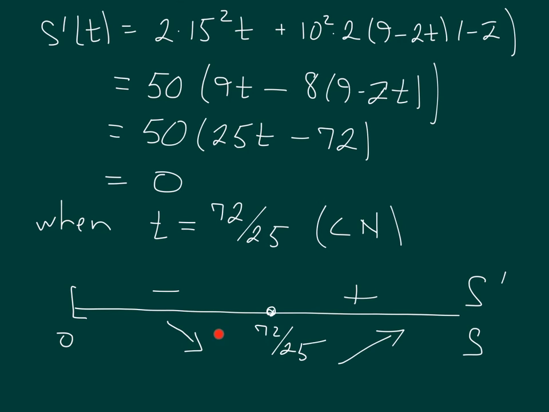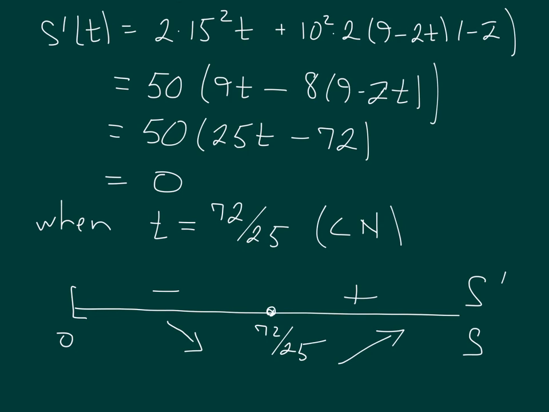So this says that we are going to have a local minimum value at t equal to 72 over 25. In fact, because this is the only critical number of s, and from our sign diagram here, s is always decreasing until we get to 72 over 25, always increasing beyond that, at 72 over 25 we actually have an absolute minimum for s.